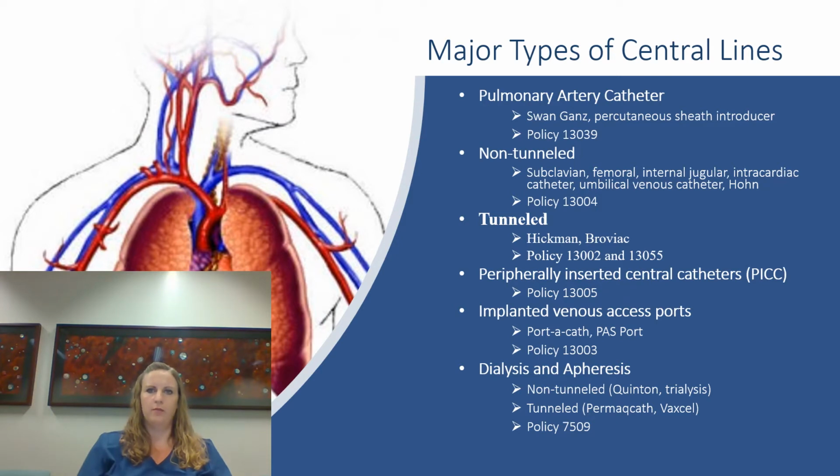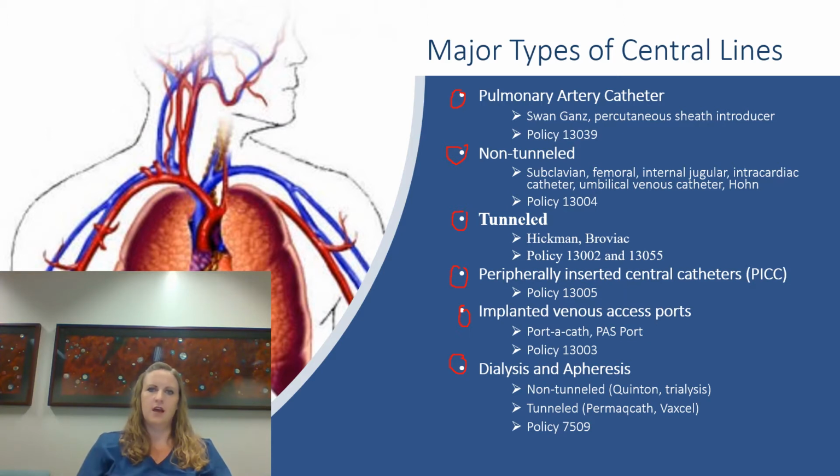So you have your pulmonary artery catheters, your non-tunneled catheters, your tunneled catheters, your peripherally inserted central catheters, also known as PICCs, your implanted venous access ports, and also your dialysis and apheresis catheters.